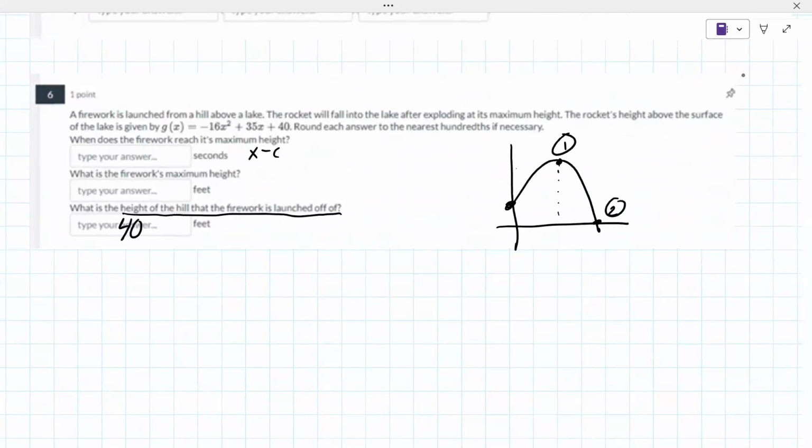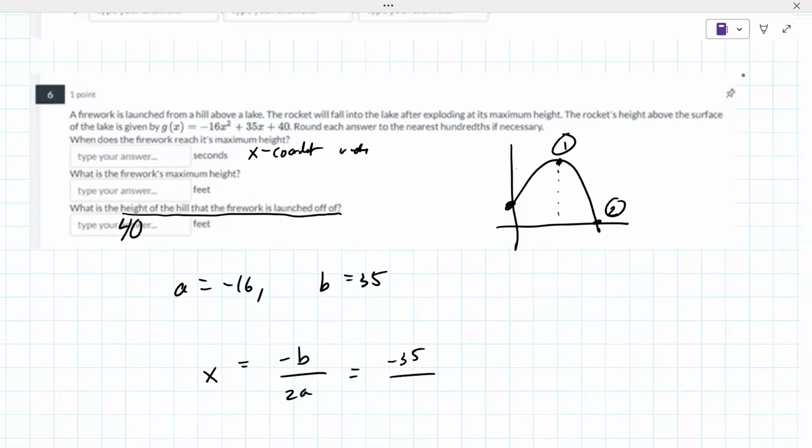That's the X coordinate of the vertex. So A is -16, B is 35. You're going to want to calculate minus B over 2A. So -35 over 2 times -16. And it says to round to 2 decimal places.